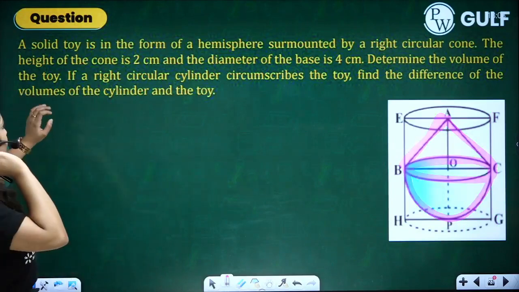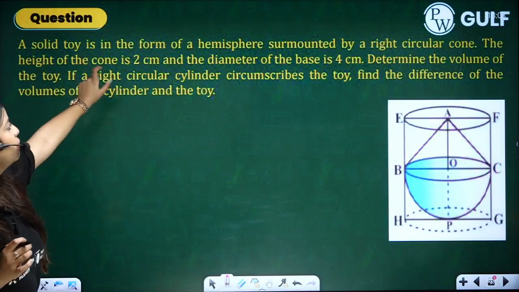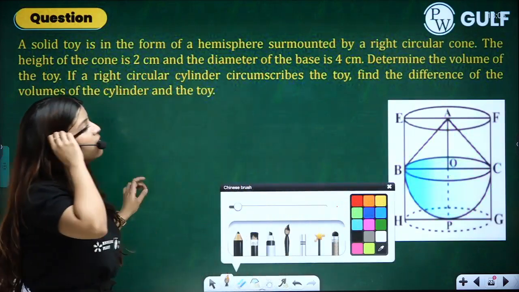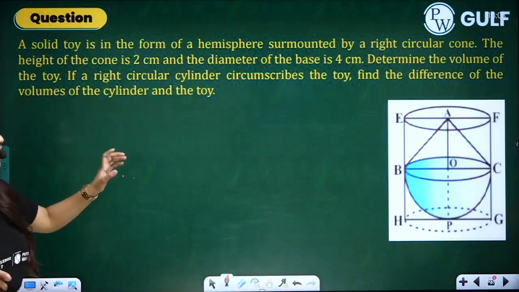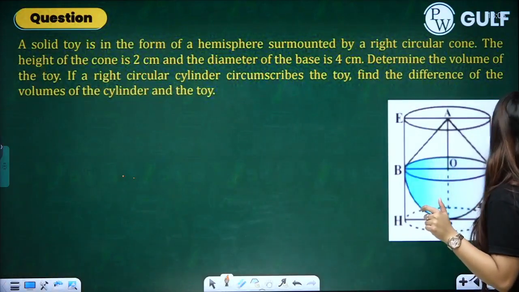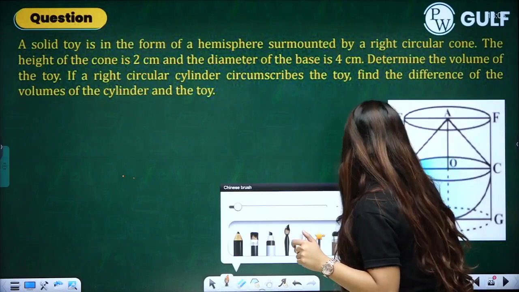So the question says a solid toy is in the shape of a hemisphere surmounted by a right circular cone. The height of the cone is 2 centimeters, so this height is given to us.